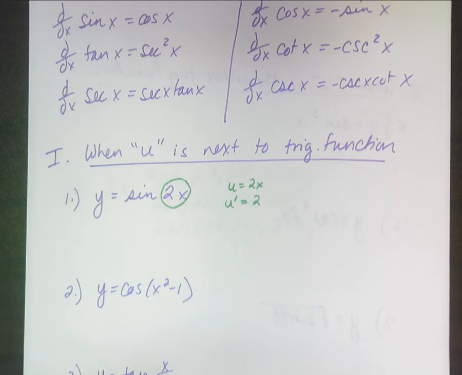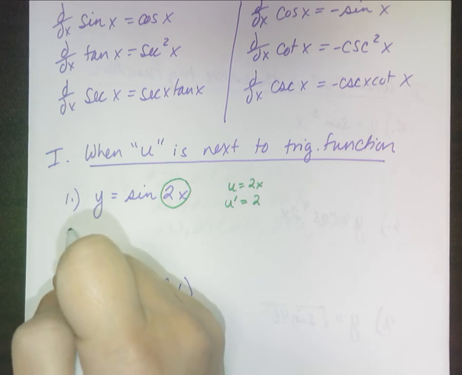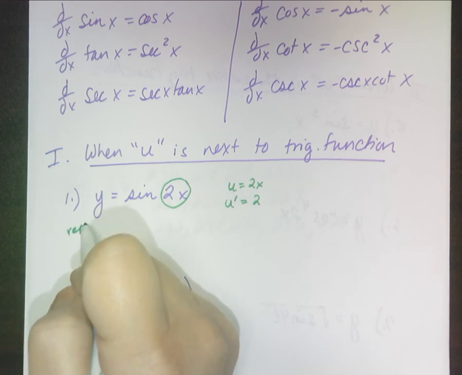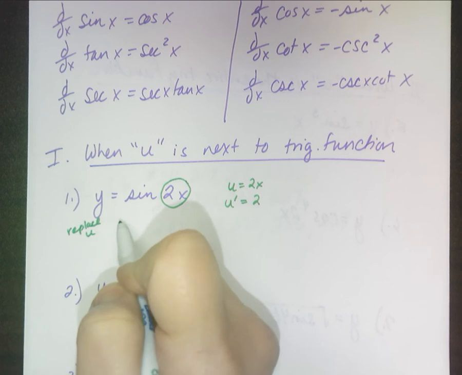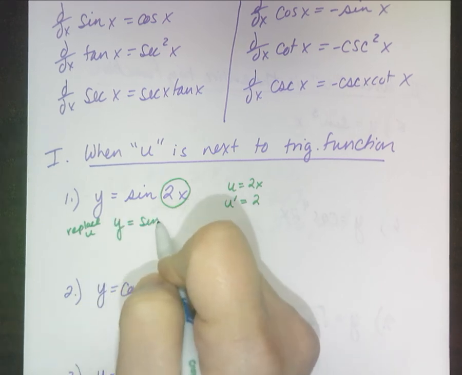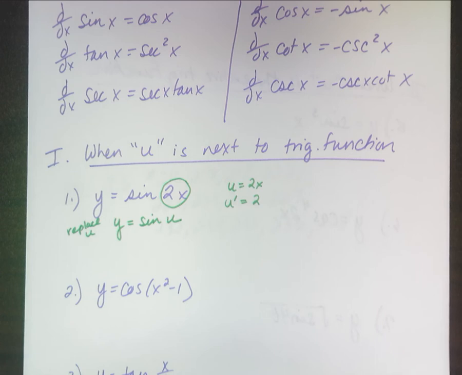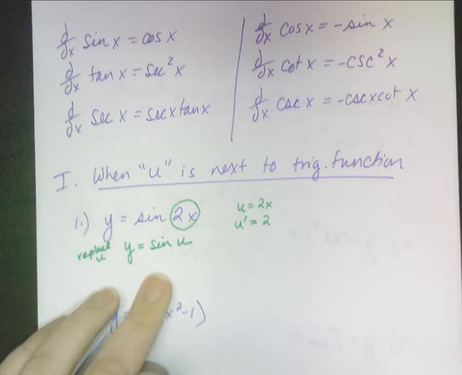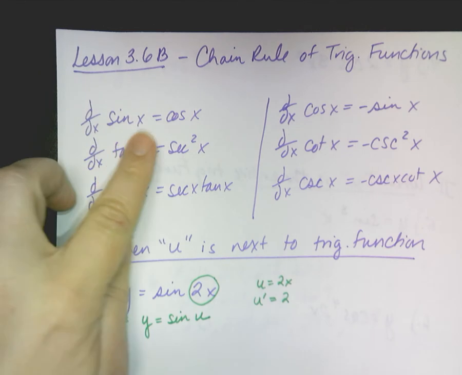Now we're going to do exactly what we did yesterday. We have to substitute in. We're going to replace the U: y equals sine U. And then we're going to take the derivative of sine of U. So if I look up here, derivative of sine x is cosine x.